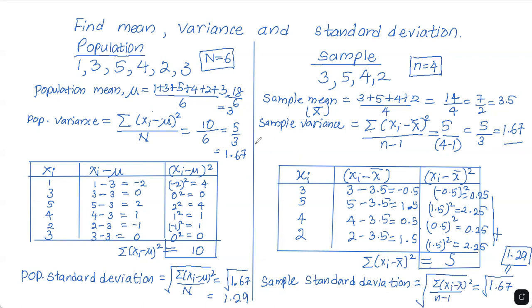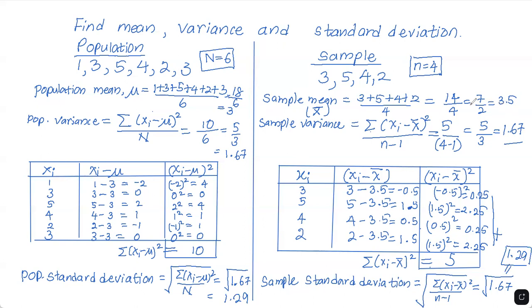As you can see, the population variance formula is different from the sample variance formula. That's why I calculated both of them in the same video, so you can see the difference between the two. The calculation of the mean is the same, but the numbers could be different: the population mean is 3 and the sample mean is 3.5.